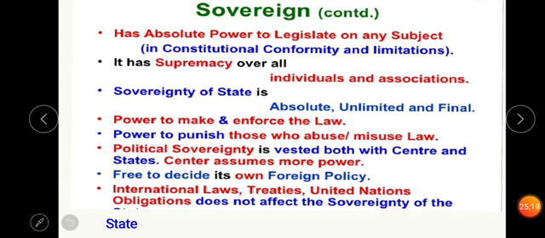Investors from other countries can invest in India easily because the foreign policy is made by the Indian government itself. International laws, treaties, and United Nations obligations do not affect the sovereignty of the state. No international laws, treaties, or United Nations obligations can affect the sovereignty of the state.